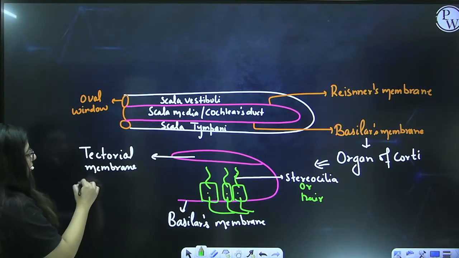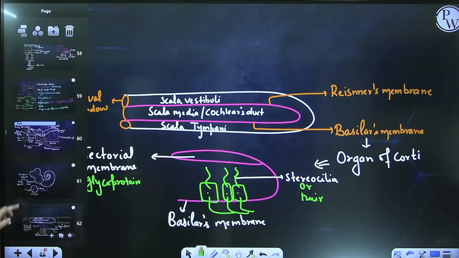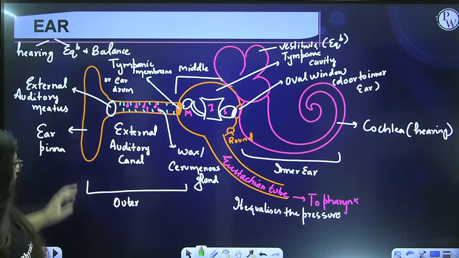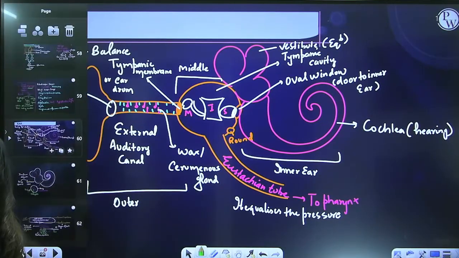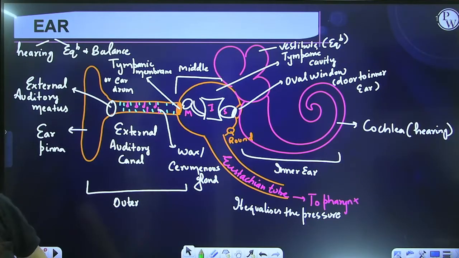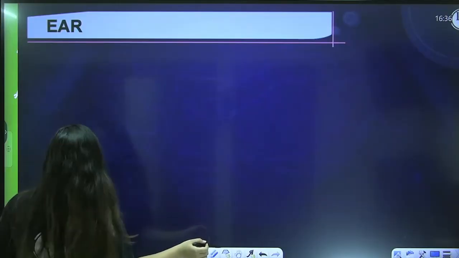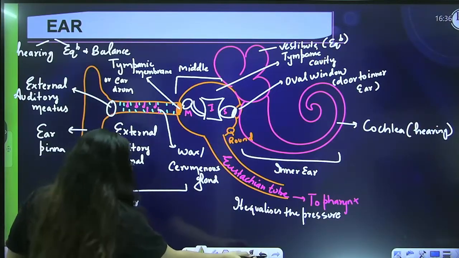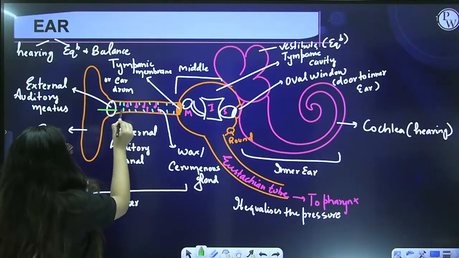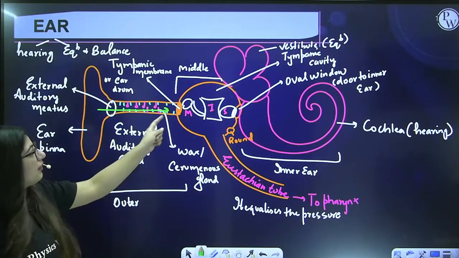How will you hear? Let's see. Now what happens whenever the sound enters? Whenever the sound enters, the ear pinna will collect the sound and it will enter into the external auditory canal, and it will hit the eardrum.